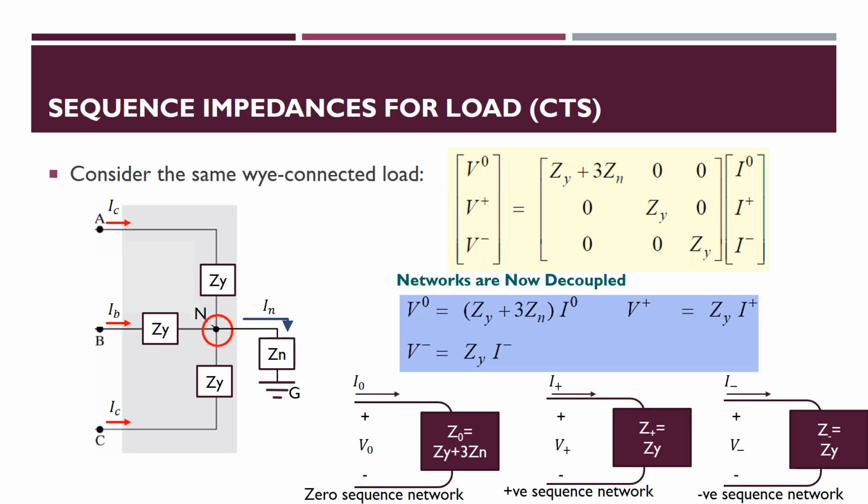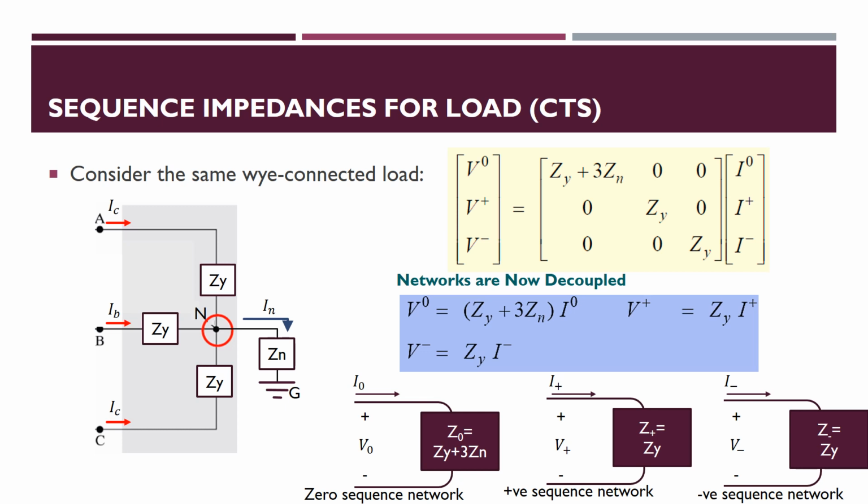So further, this is the final voltage vector sequence. What is it? The sequence component vector for the current and the voltage, and the sequence component matrix for the impedance.